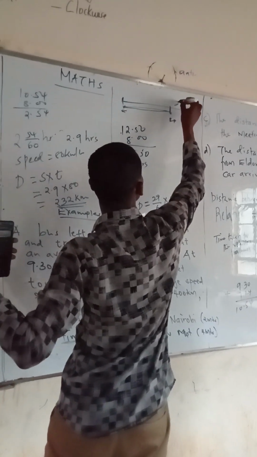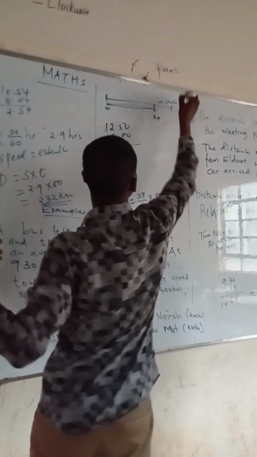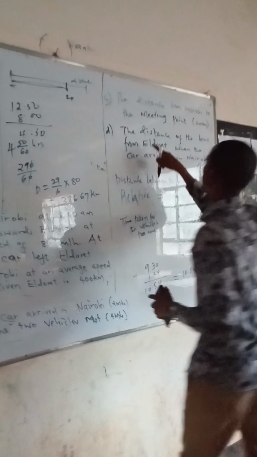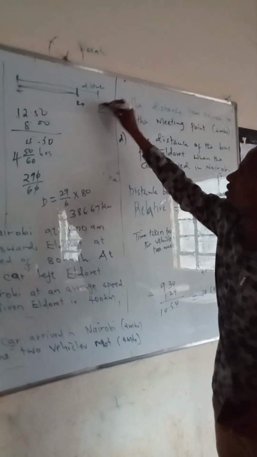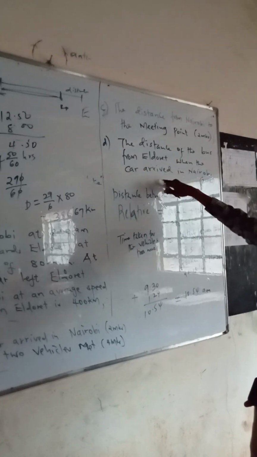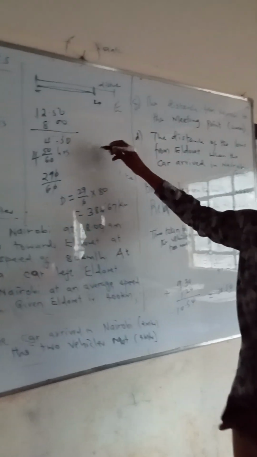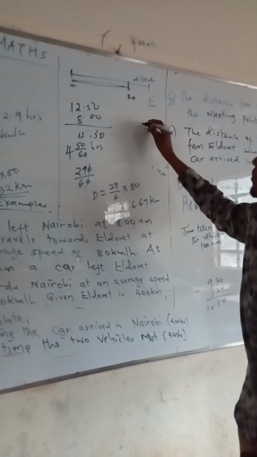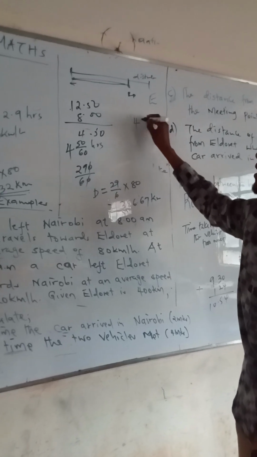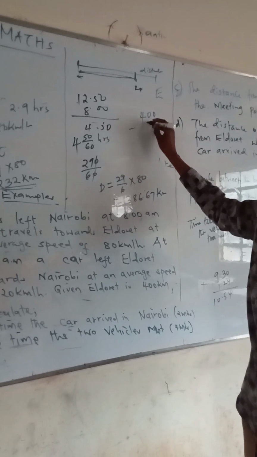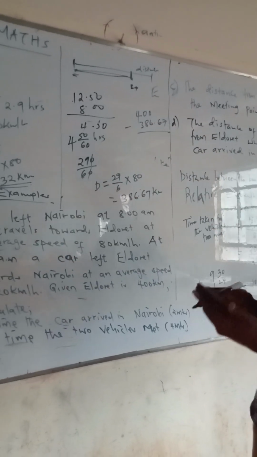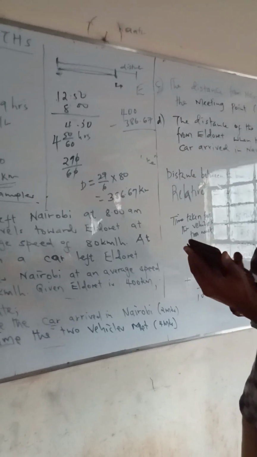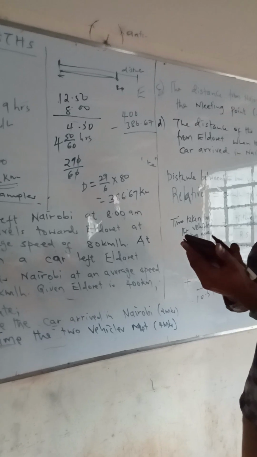So what is the remaining distance? You are told the distance of the bus from Eldoret when the car arrived in Nairobi. This is Eldoret. So we shall say 400 minus 386.67.